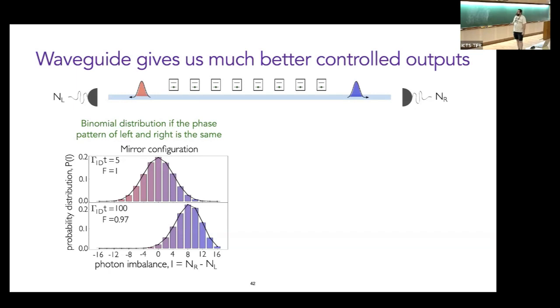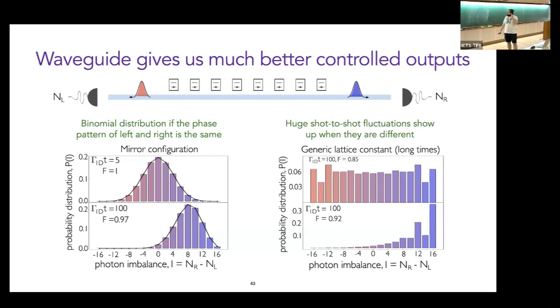And in the chiral case, you have a binomial that's now shifted with a peak that makes sense when you look at just the single atom rates. But if I move to some distance where I don't have this kind of condition, right? So now I'm moving somewhere where my left and right operators are different. Then instead of seeing something binomial, you see something that approaches being perfectly flat, okay?